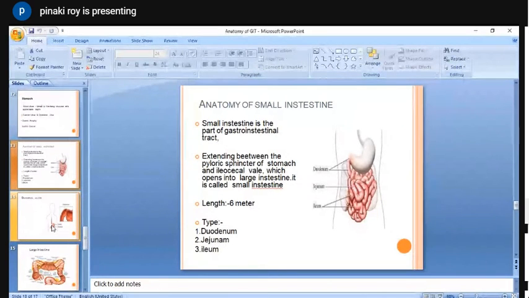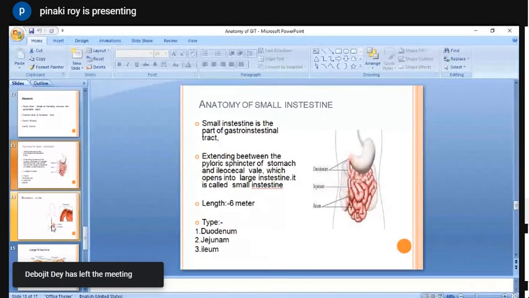Celiac disease is an autoimmune disease where there is loss of villi in the duodenal mucosa, and villi help in absorption of food material. When there is no villi, there will be malabsorption of food material, and this ultimately leads to weight loss and diarrhea and all those things.